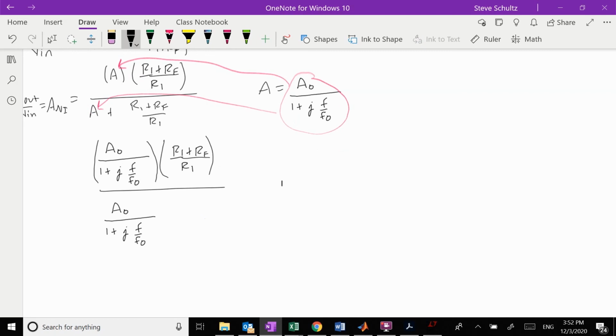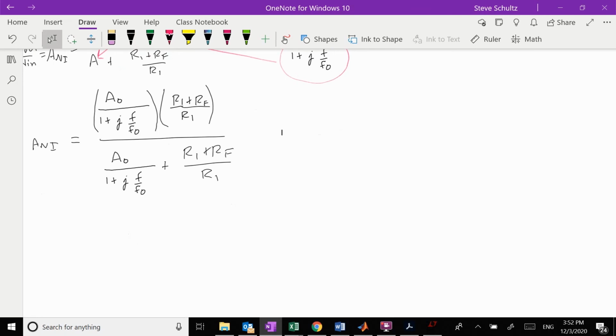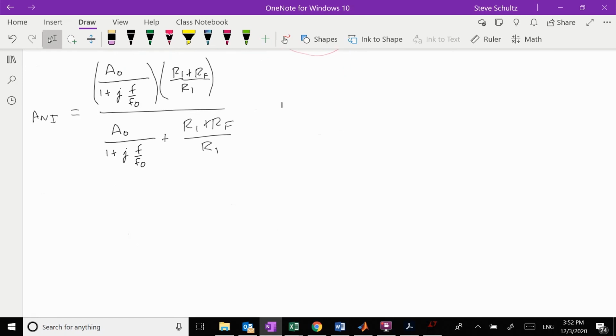And then that whole thing is divided by this plus that same term. Okay, so then what we want to do, and this whole thing is equal to our non-inverting amplifier stage. In order to simplify this, we're going to multiply the top and bottom times that 1 plus jf over f naught.